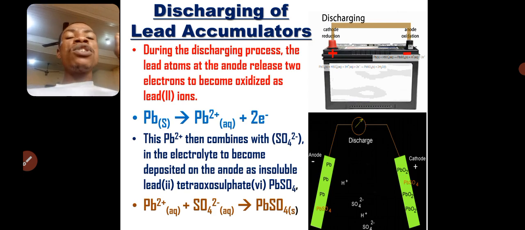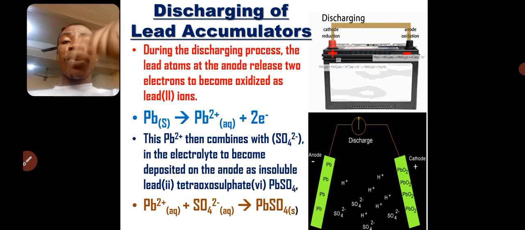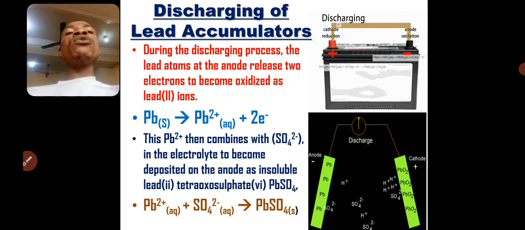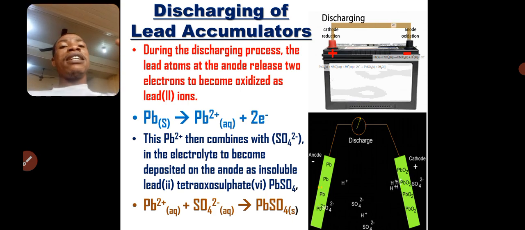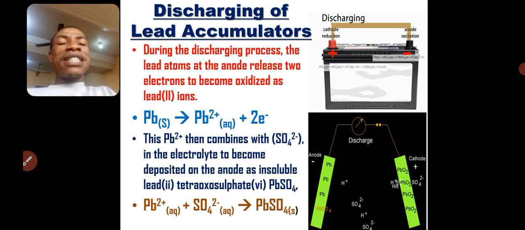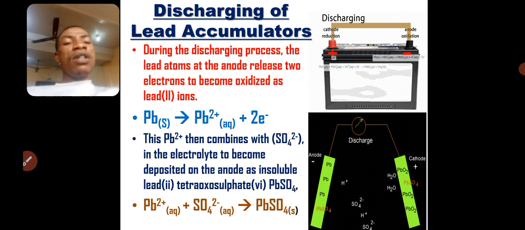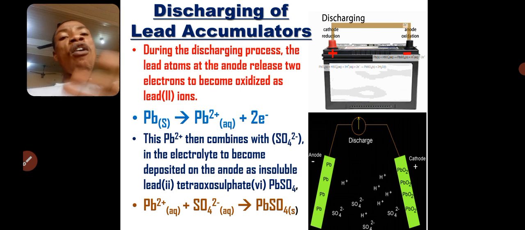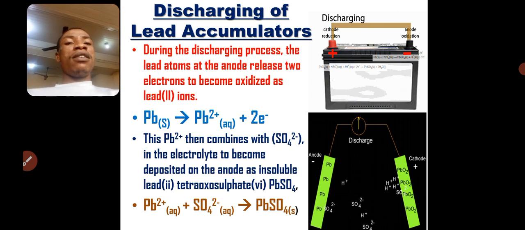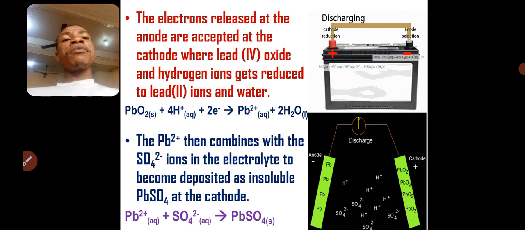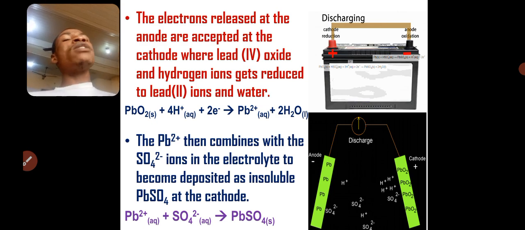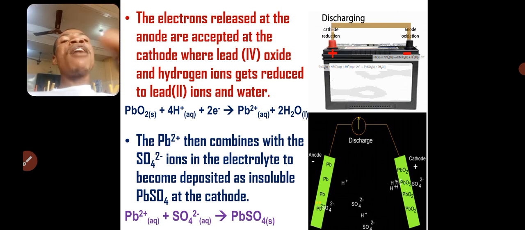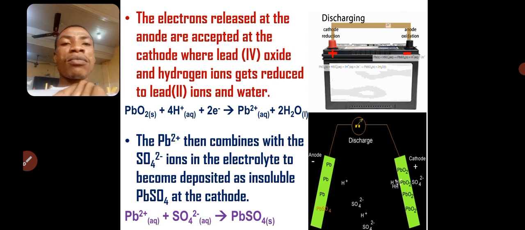The lead loses 2 electrons to become lead-2 plus, and because there is SO4 2- in the solution, the lead-2 plus combines with it to form an insoluble lead-2 tetraoxosulfate 6 salt that covers or coats the lead rod. So the electrons that were produced at the anode will travel to the cathode.